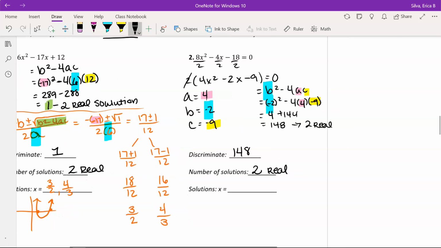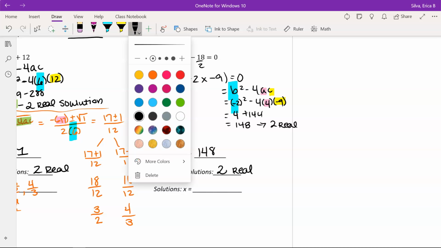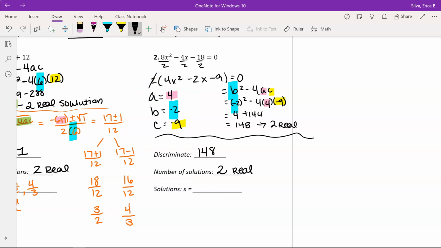And now let's find the solutions. So we're going to apply the rest of the quadratic formula. And we have minus b plus or minus the square root of b squared minus 4ac, again, which is what we already got. Now it's 148, so that's going to take the place of this, all divided by 2 times a.